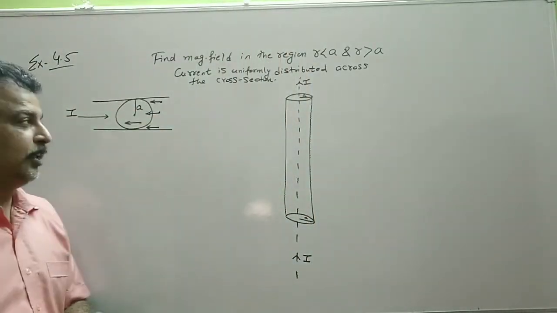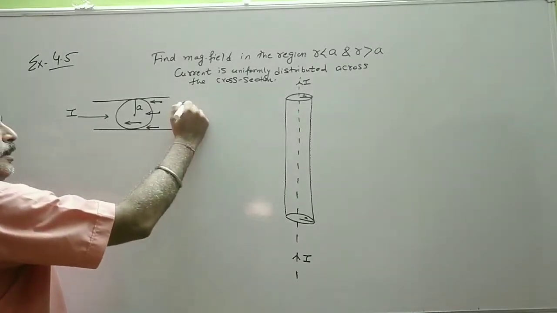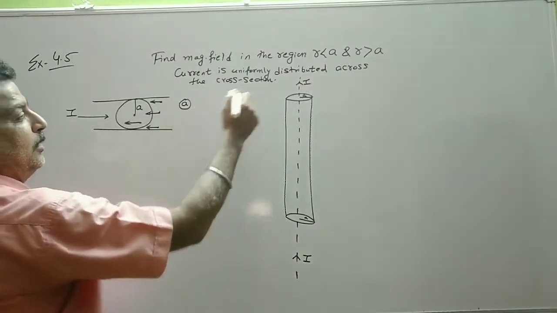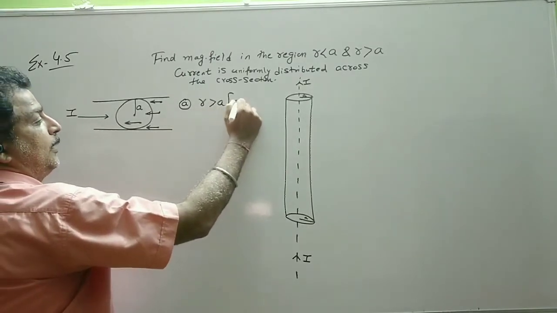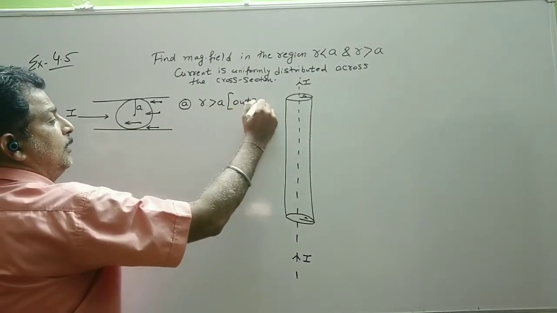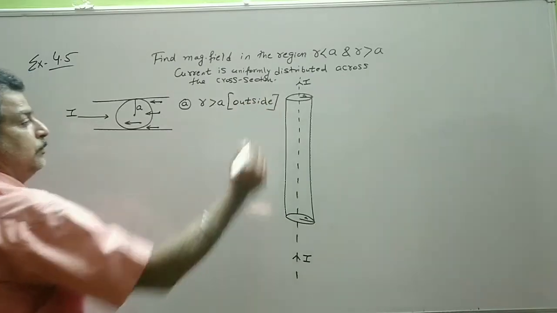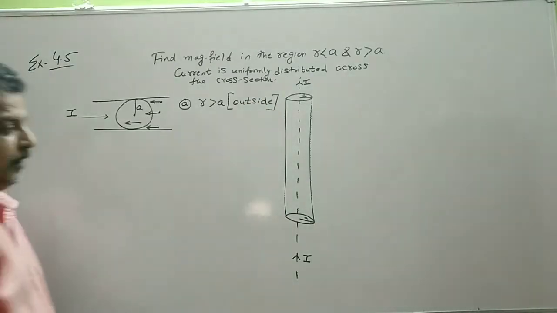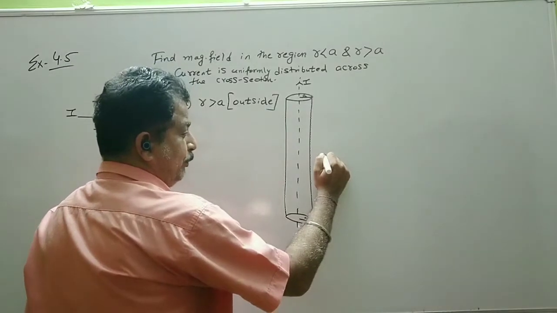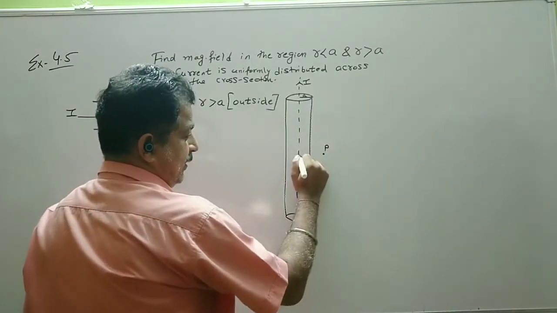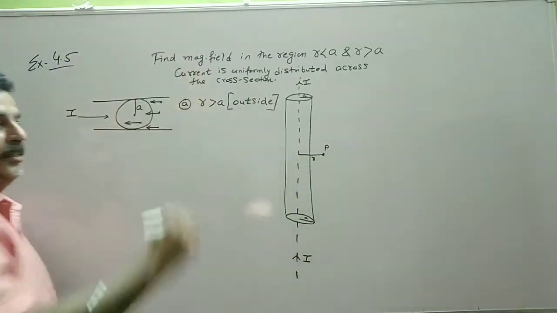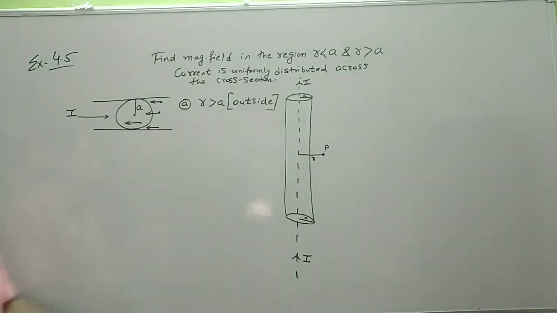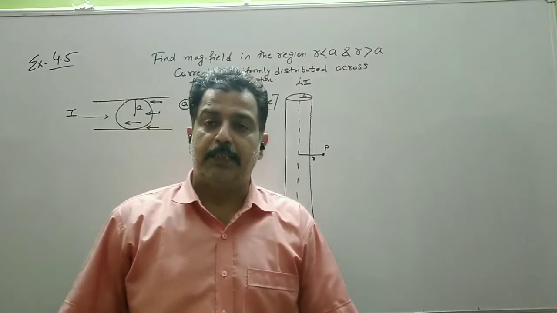Now I will consider two cases. Let us consider first case to be r greater than A, that is outside. So let us consider one point P which is at a distance r. Here r is greater than A. Now I have to apply the Ampere circuital law.